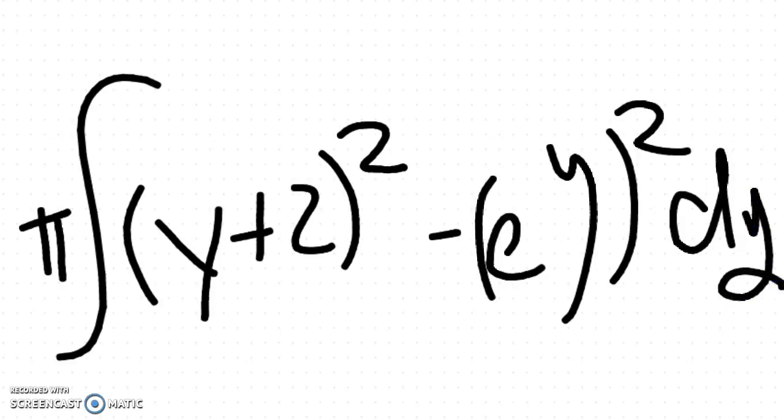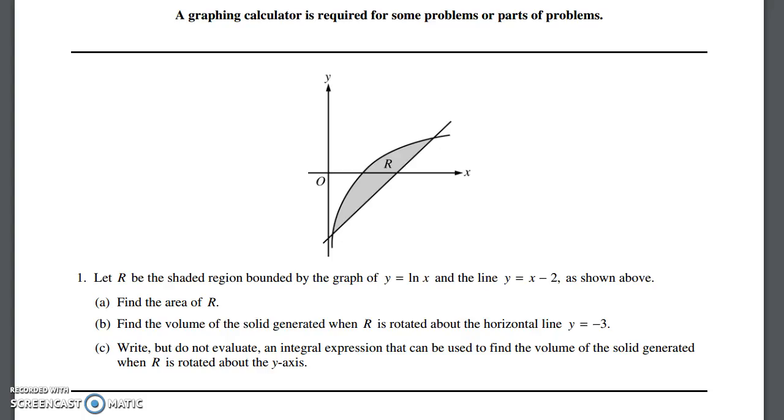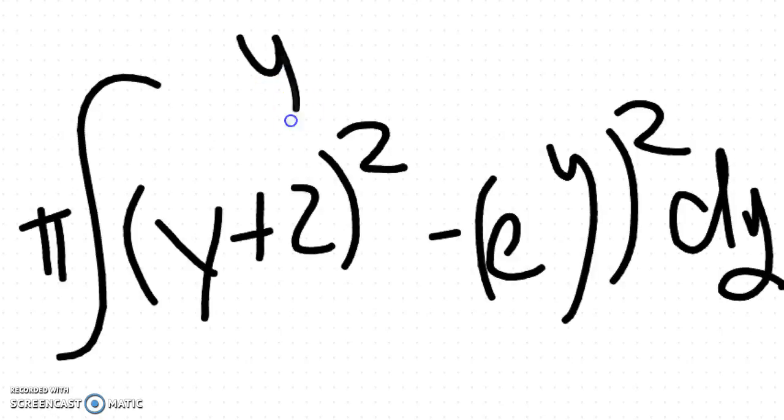But our bounds change as well, because since we changed from dx to dy, we would have to subtract 2 from the top and bottom, because that's what we did to the equation. So we'd have to subtract 2 from the 3.14 and the 0.15. This is because we had the equation y equals x minus 2, and previously our bounds were in terms of x and now they're in terms of y.